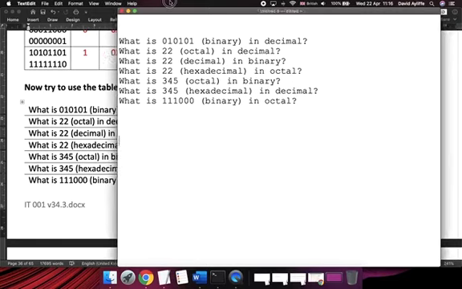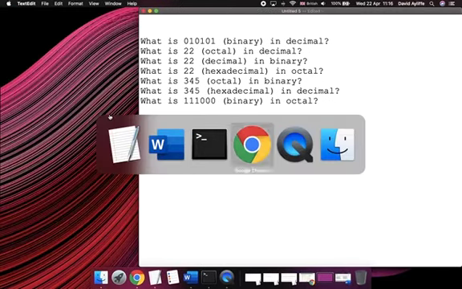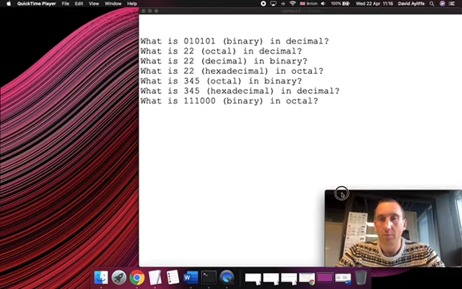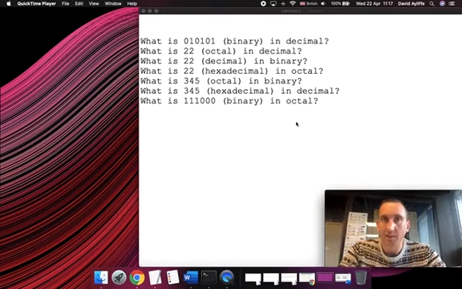So let me shift things around just a touch.